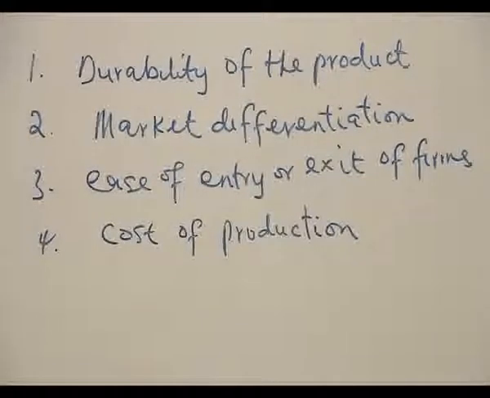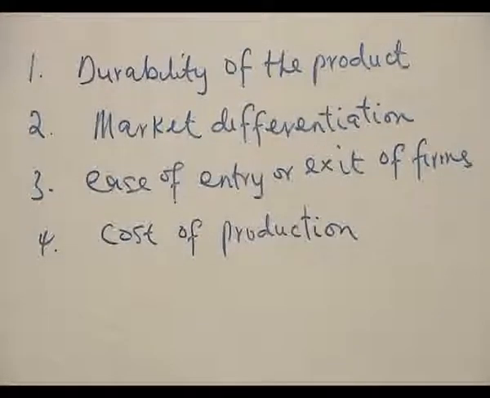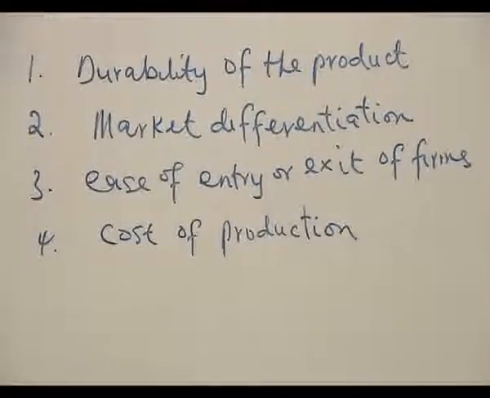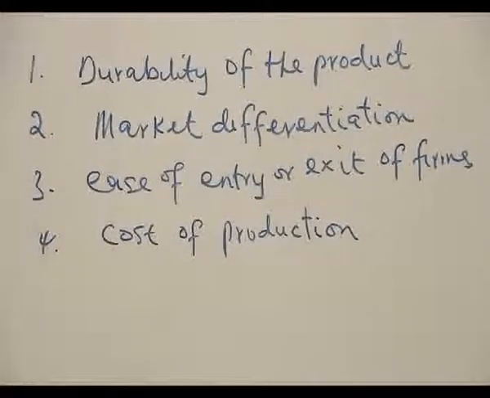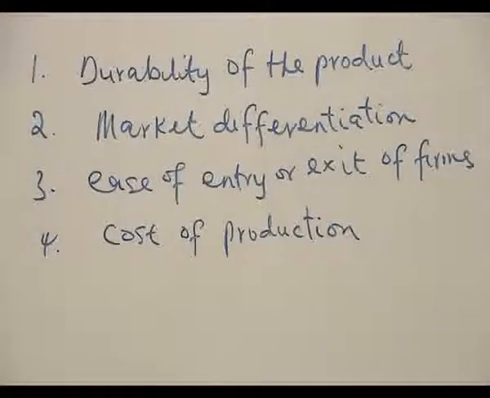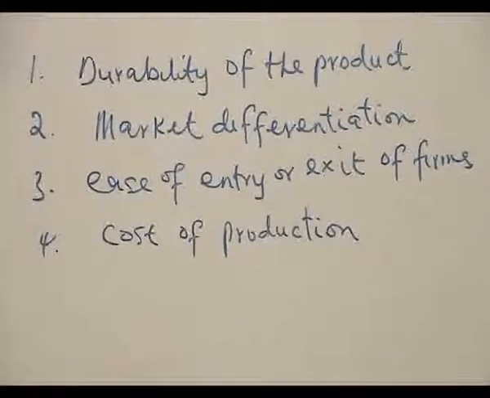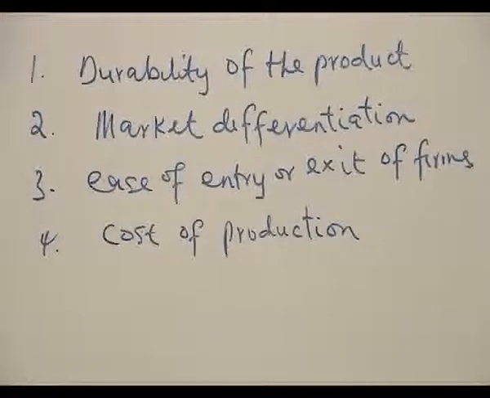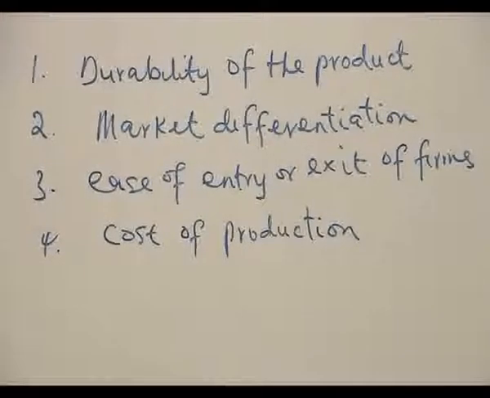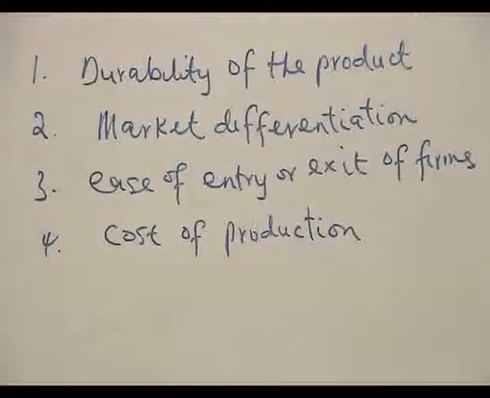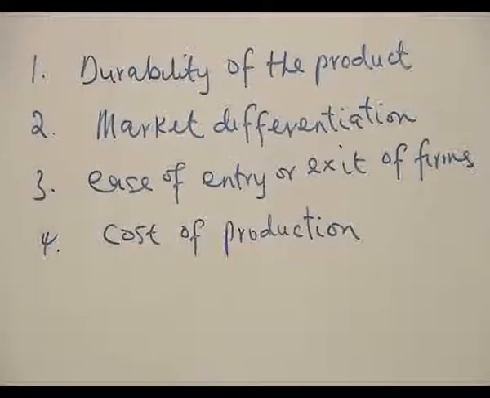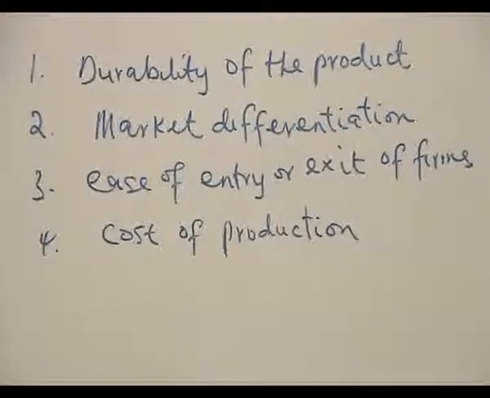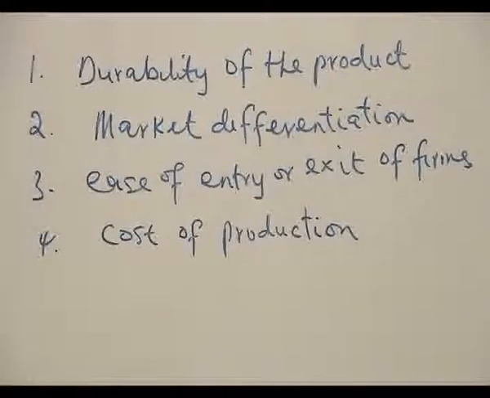But where there is restriction in entering the industry, firms will find it difficult, and the product tends to be inelastic. Number 4, cost of production. If the cost of production of a particular commodity is very low, the product tends to be elastic. But where the cost of production is very high, the product tends to be inelastic.